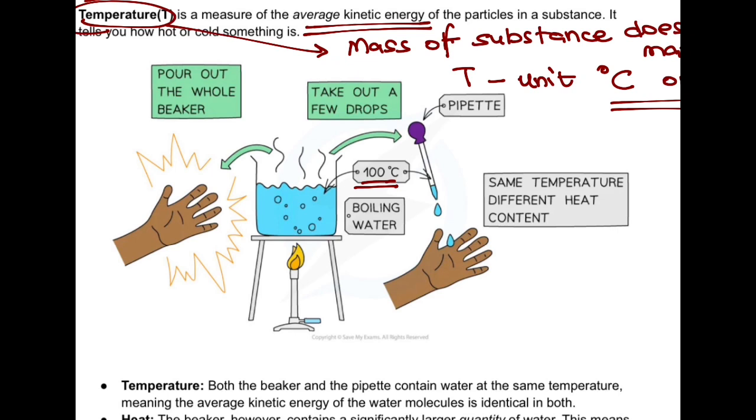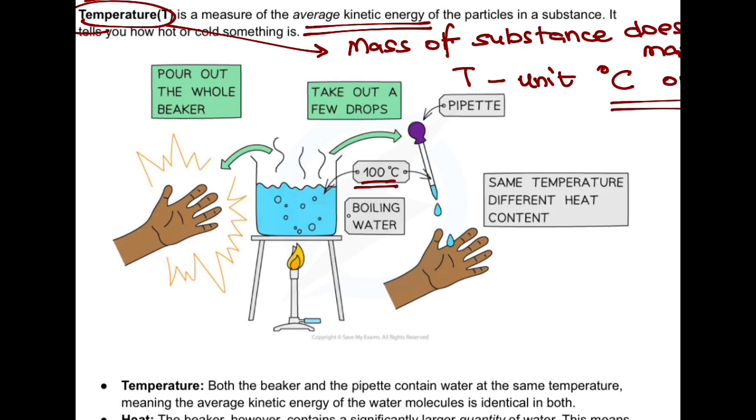Considering the example here where you have water in a beaker at 100 degrees Celsius, and I'm taking a pipette from this hot water and I spill a few drops on my hand. Now, yes, it's going to cause some burn, it's going to cause some damage to the skin, but the damage caused here is going to be much less than if the whole beaker spills on your hand.